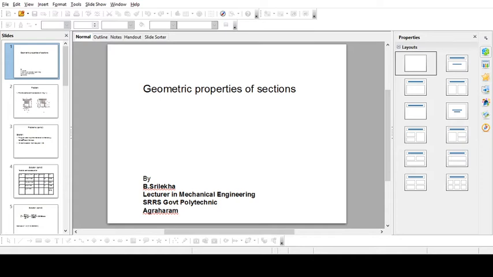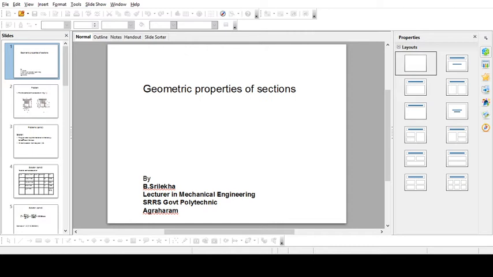Second one is the area to be removed, the semicircle. That one will take minus because we have to take that amount of difference from the given value. Generally for the circle it is pi d square. Here we have to take half of the circle because it is a semicircle. So it is pi d square by 4, or pi r square by 2.